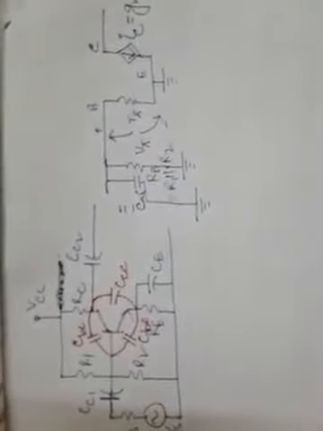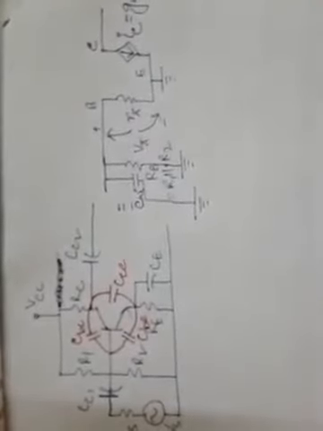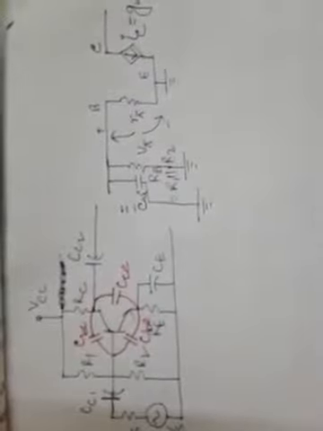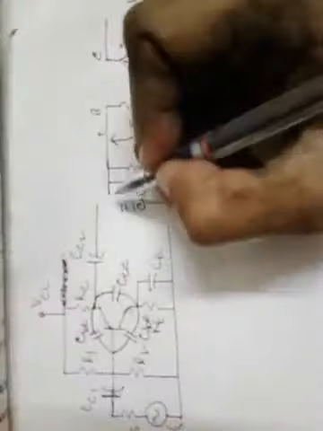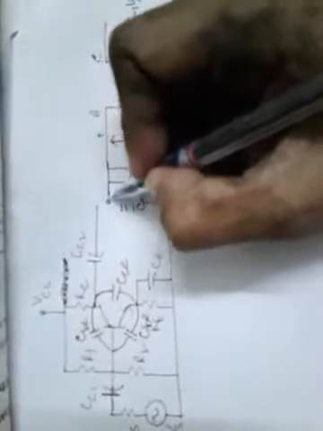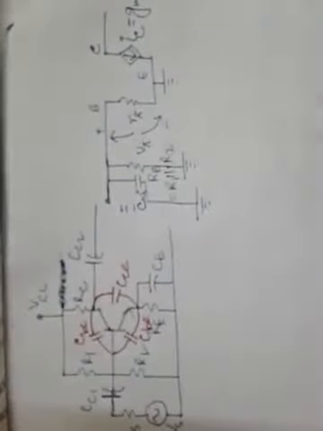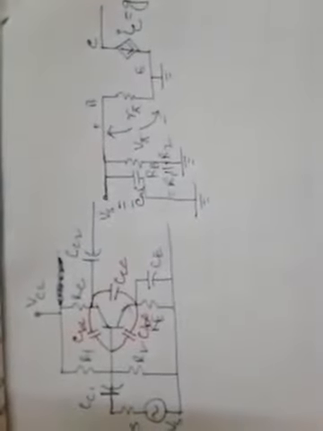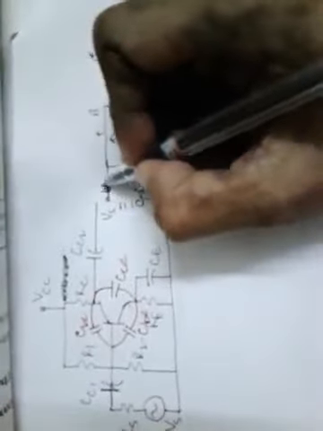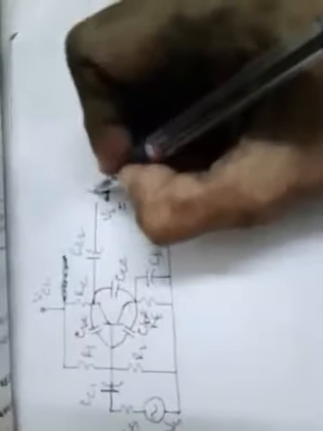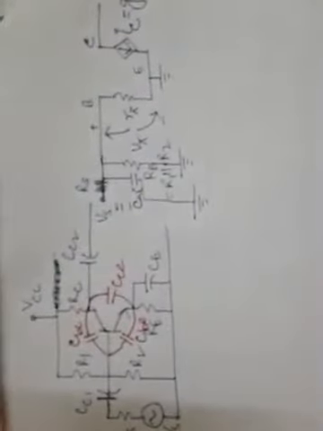The input wiring capacitance is parallel to RB, and this is connected with the input source Vs. You can see over here, this is Vs. And between this Vs, a resistance is there, which is Rs, in series with Vs.